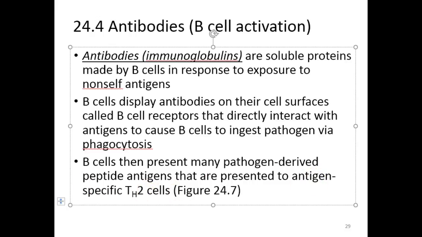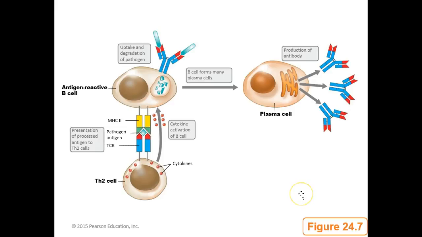So how does this look? Here's a B cell, and the B cell would be in a secondary tissue like a spleen or a lymph node or a Peyer's patch, MALT tissue, something like that. And it's got a B cell receptor on the outside, right? And this B cell receptor can bind to foreign material that's been passed through the lymph. It could be destroyed bacteria, could be live bacteria.